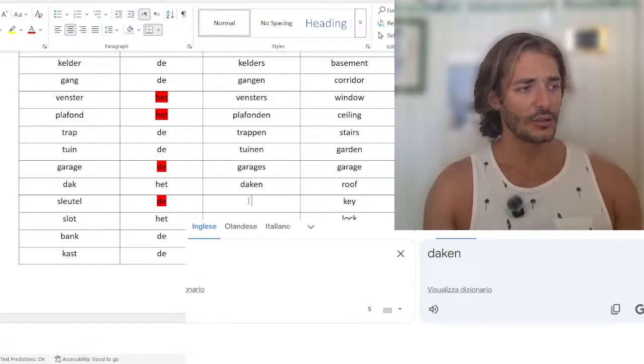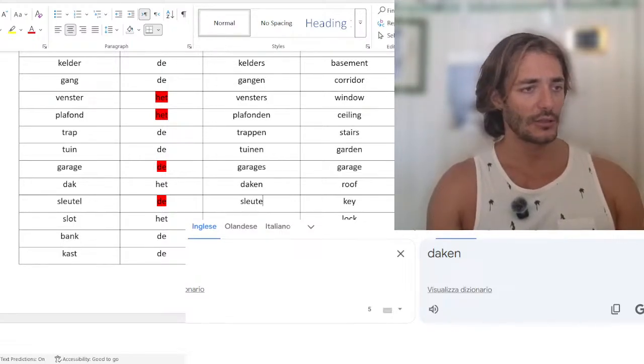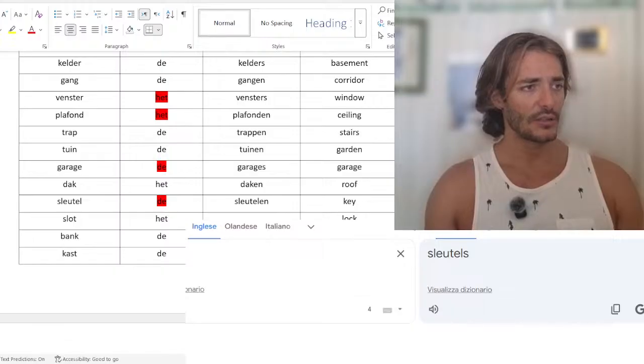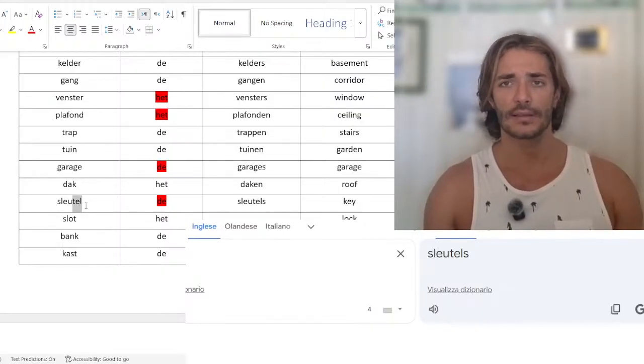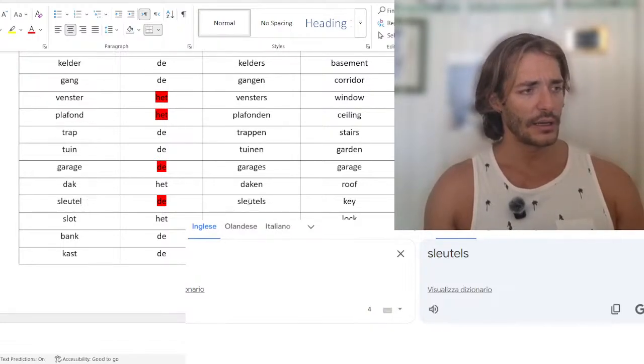Sleutel, de sleutel, it will be the sleutelen, the keys. Let's see. The sleutels. This one ends by S. Okay. This, I don't know why, actually. Sleutels. Then, yeah, EL. Yes, it's in the rules. EL, EM, EN. Sure. Het slot.